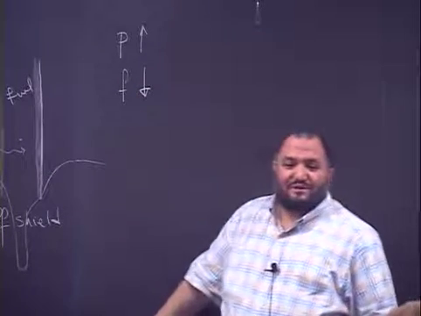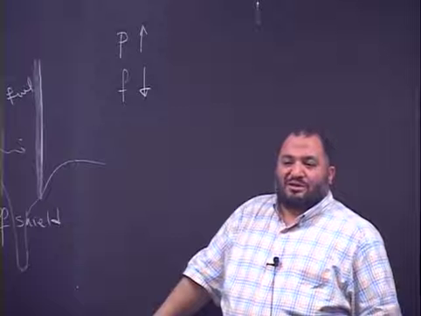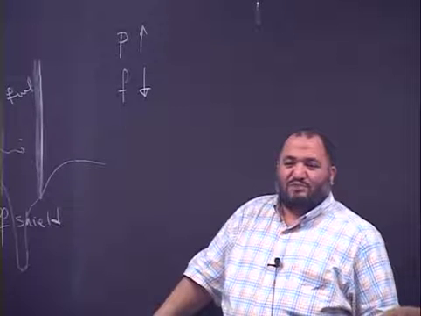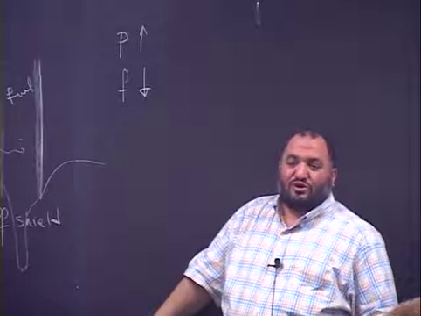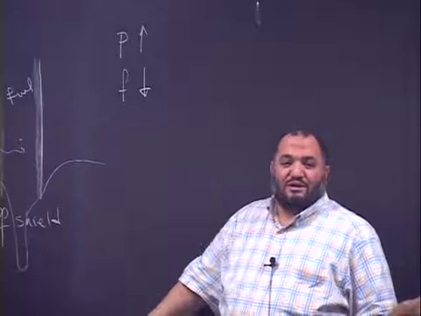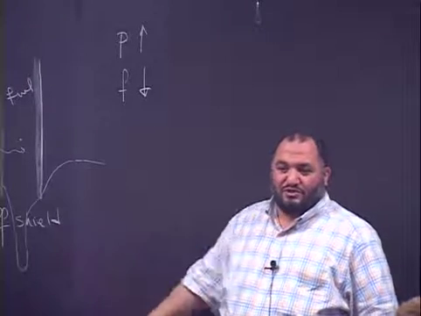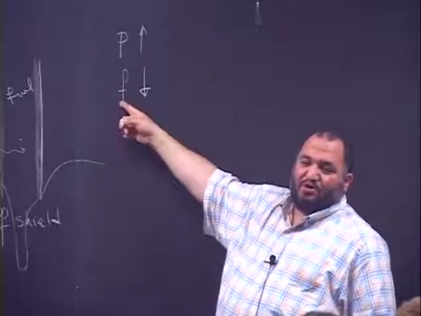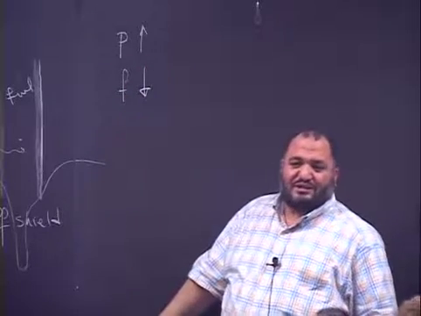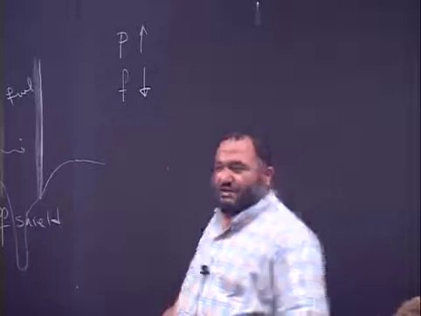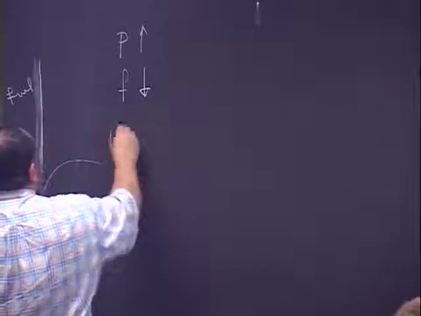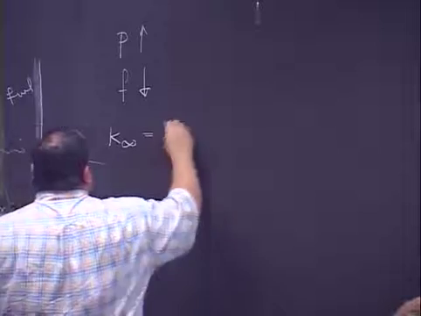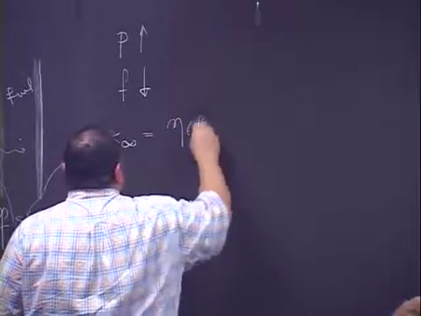Why? What's f? Thermal utilization. So why will it decrease? Because you also reduce the total number of neutrons absorbed in the fuel because of self-shielding. But the increase in p will be more dominant than the decrease in f. So in this case, you will have an increased multiplication factor, because the multiplication factor is just eta epsilon f p.